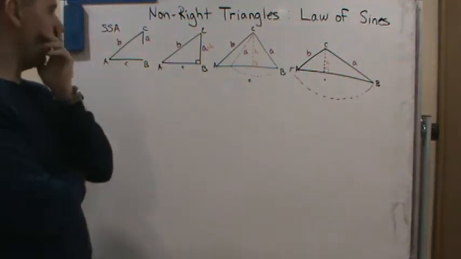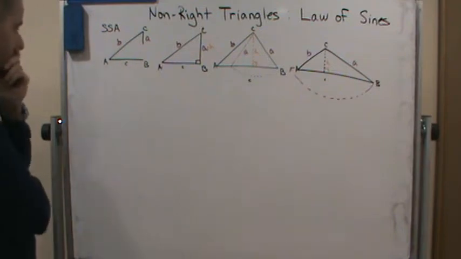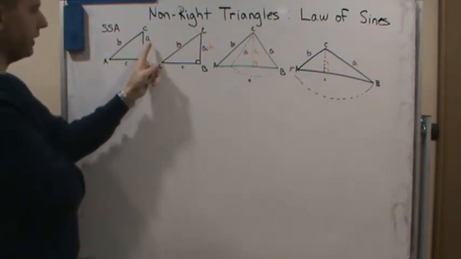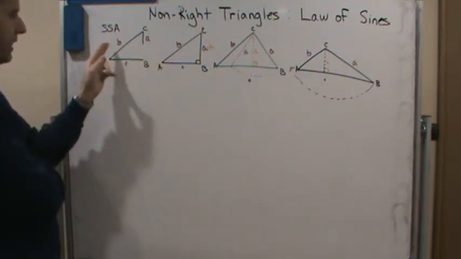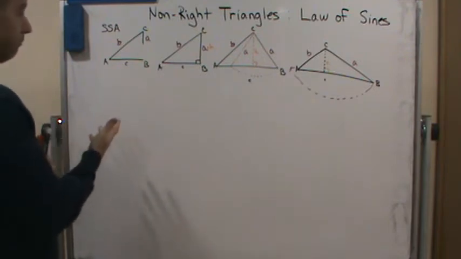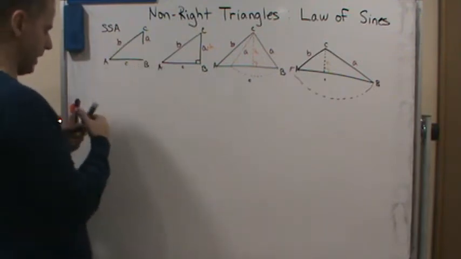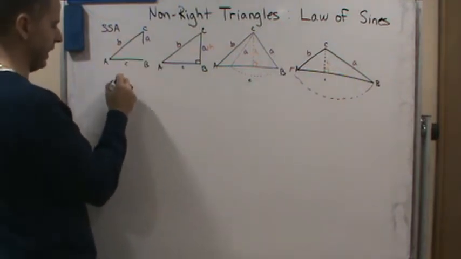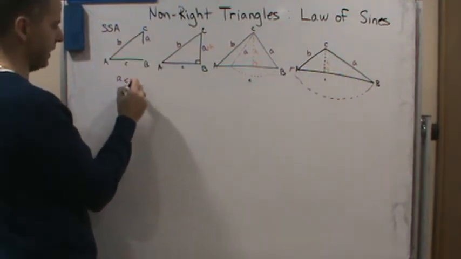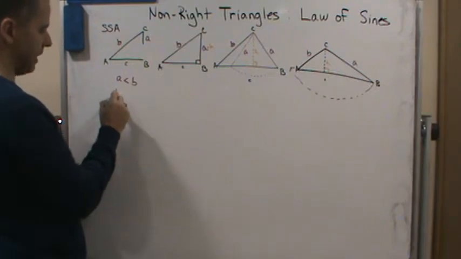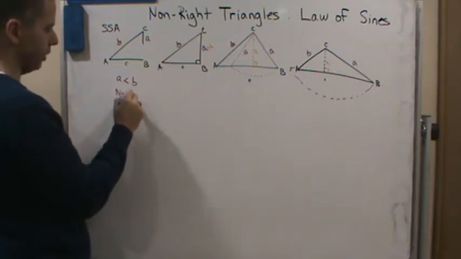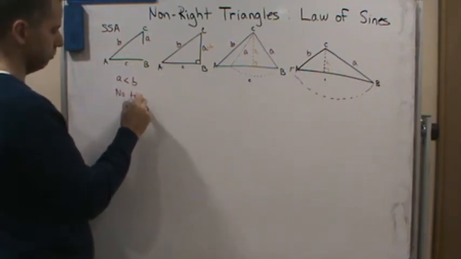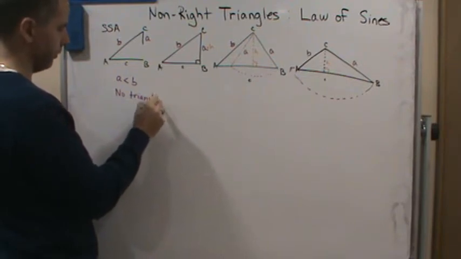If the length of A is less than B, then that tells us there is no triangle, so no solution.